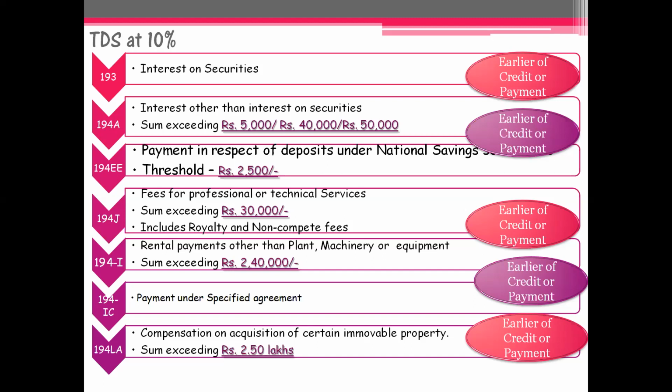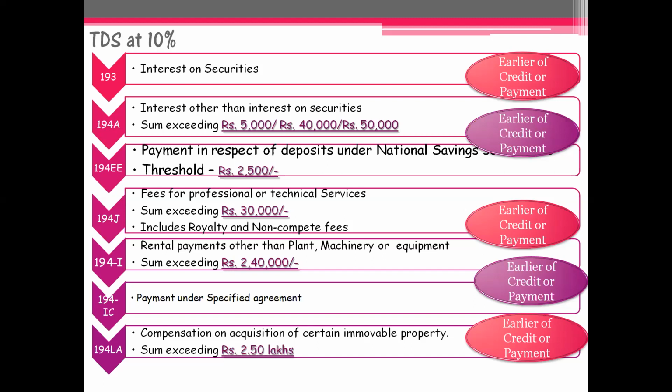Next is 194I, rental payments other than plant, machinery and equipment. A quick recap: rental payment is covered under 2% when the rental payment is for plant, machinery and equipment. Say to a single person, you have taken a factory on rent, which includes the building, that is the factory rent, and also heavy machinery inside it. Should you apply the 2,40,000 on each payment, or on plant and building separately?